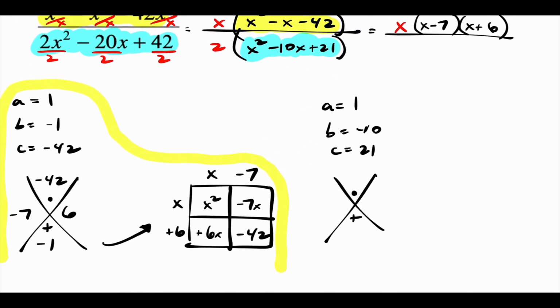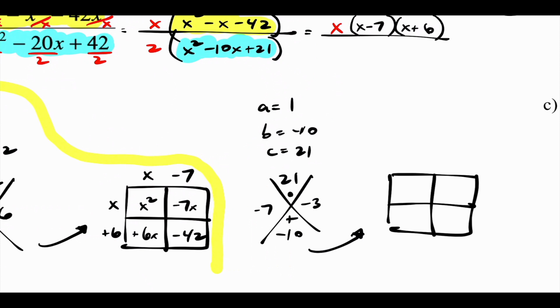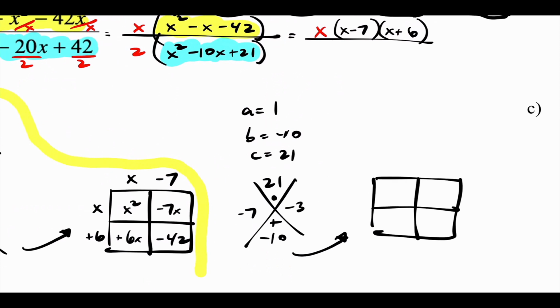So I'm looking for the two numbers that multiply to be 21, add to be -10. -7, -3. And positive 21.